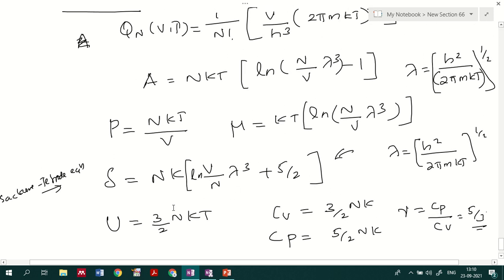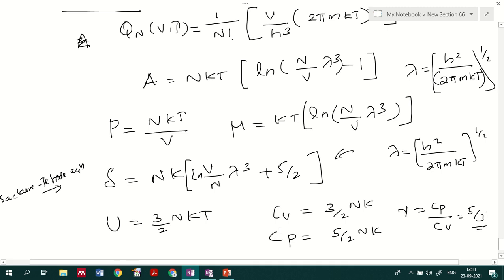Especially if you look into the internal energy, we know that it is 3 by 2 nkt for an ideal gas. The specific heat capacity also is exactly what we expect for a classical ideal gas situation.